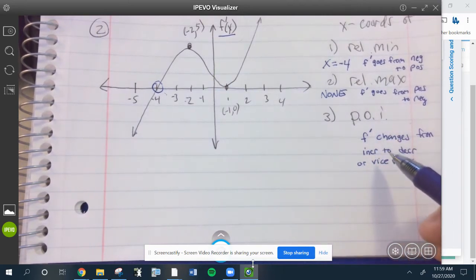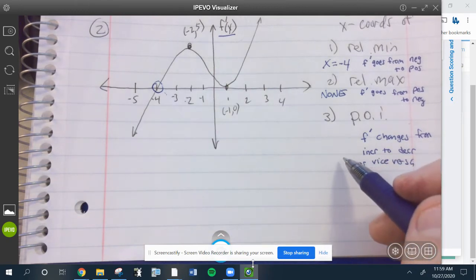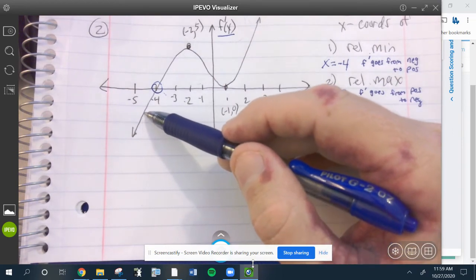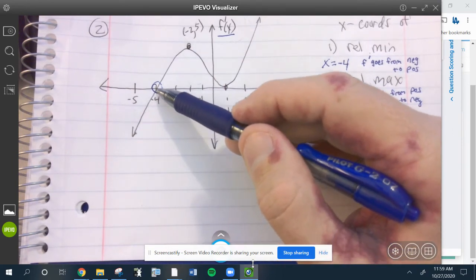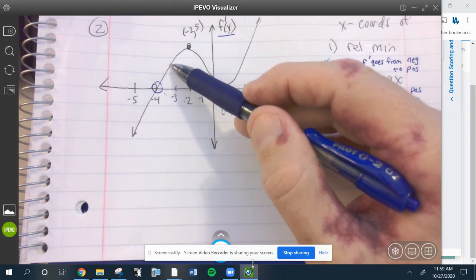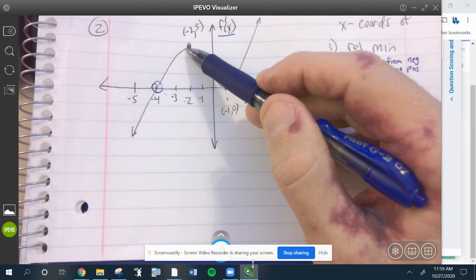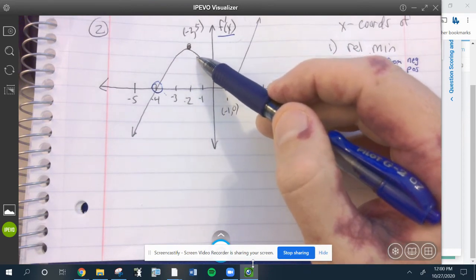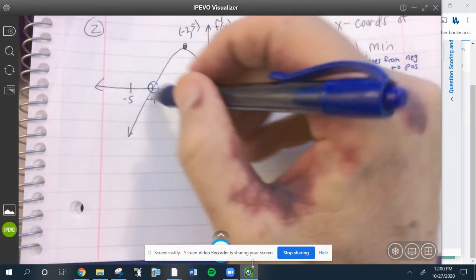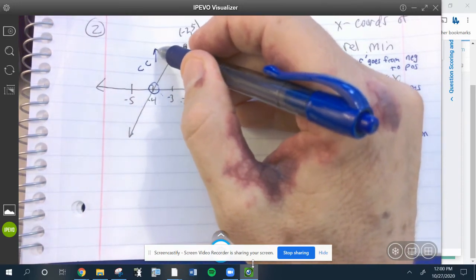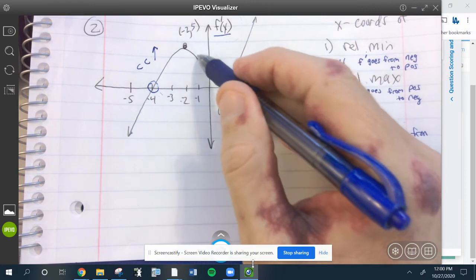Point of inflection happens when the derivative changes from increasing to decreasing or vice versa. So the derivative is increasing, going up from here all the way to here. It's concave up. Then it starts decreasing. It goes to concave down. So you don't have to mark this, but it was concave up here because the derivative is increasing.